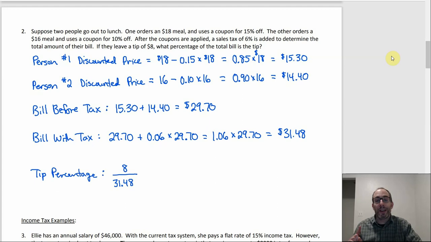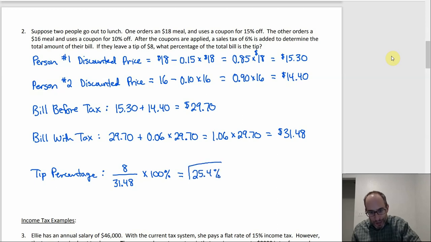And if we're going to write this as a percent, not a proportion, then we're going to multiply by 100%. And what you end up with here is about 25.4%, rounded to the nearest tenth of a percent. So if you put that into a calculator and you do 8 divided by 31.48 and then times 100, you get the 25.4%.